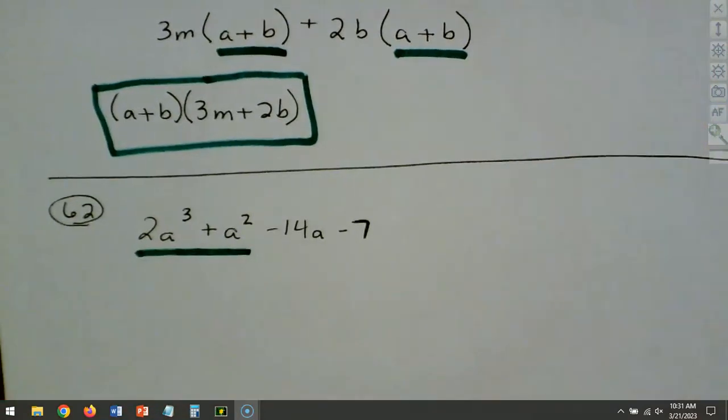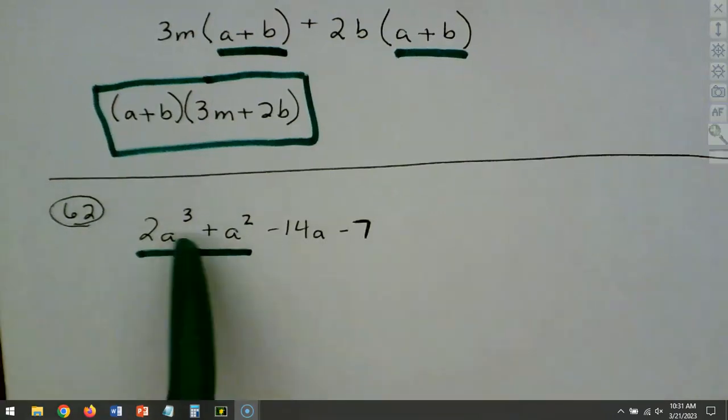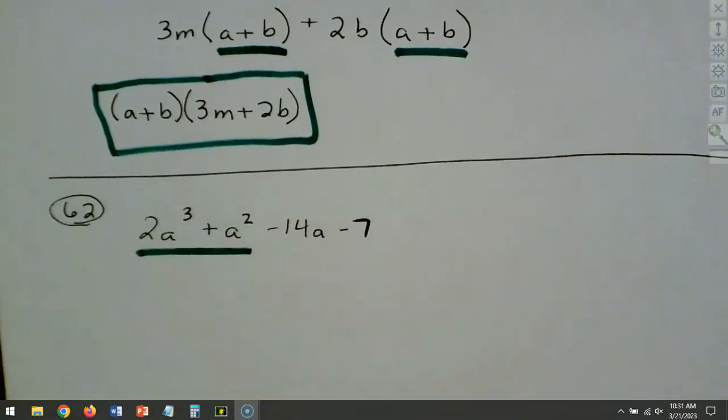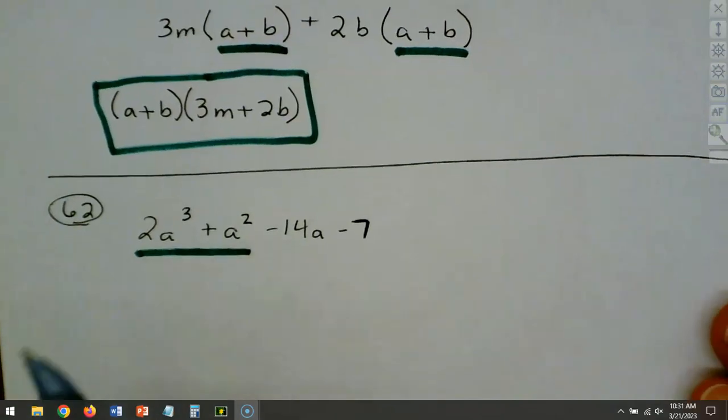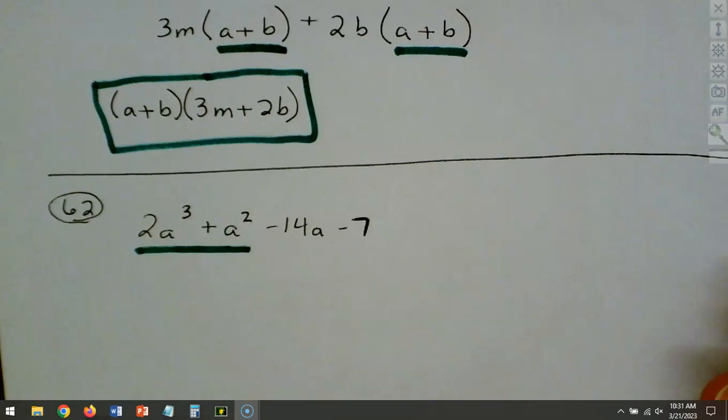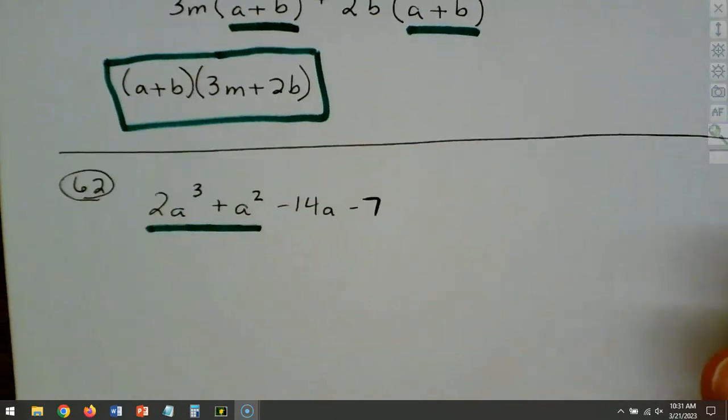Grouping the first two together, what can I factor out? Can anyone tell me? What would you factor out of here? What do these have in common? These both have an a, don't they?